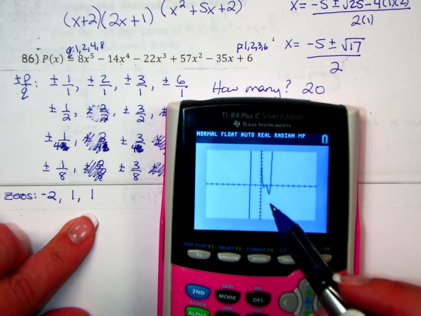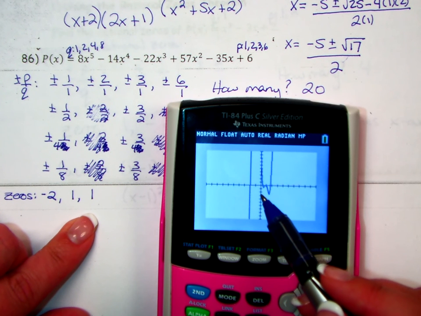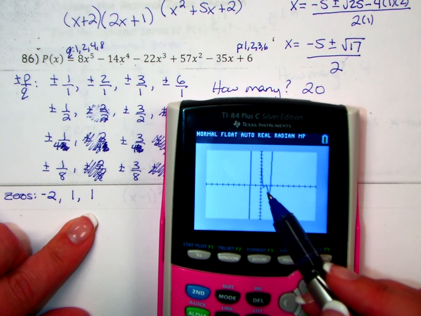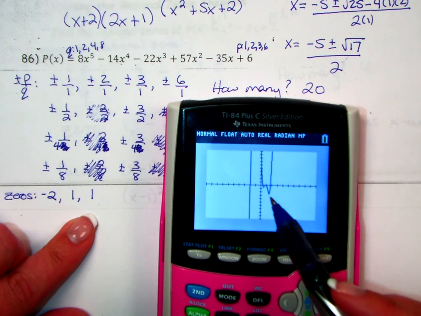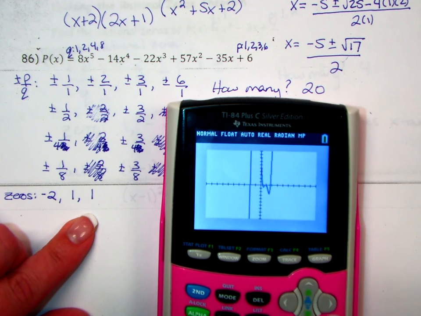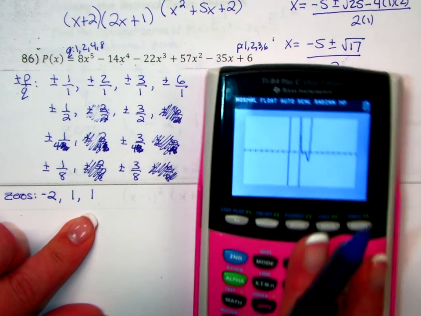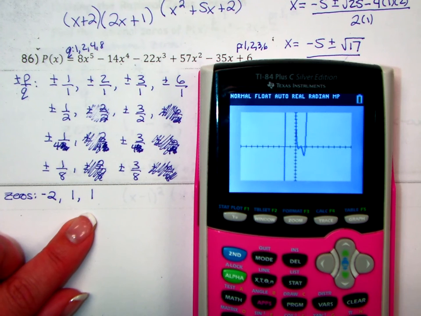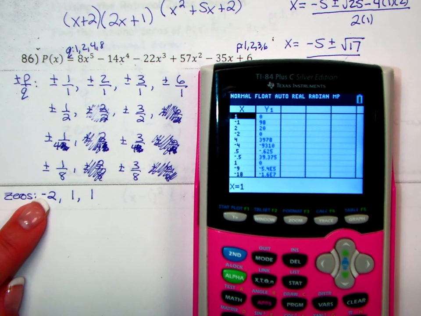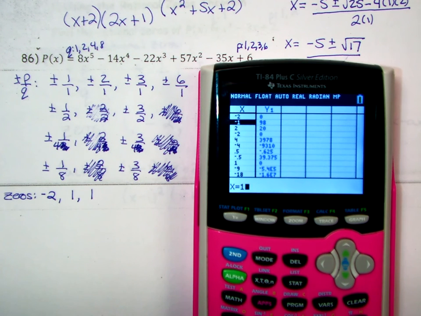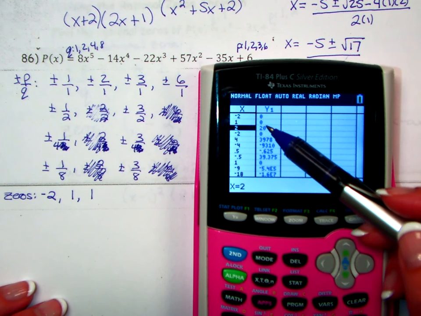Now the other 2 zeros, right? These may be fractions in this list, or they may be irrational. So to check whether they're fractions in this list, I am going to use the table. Okay, so table, I'll plug -2 in there and 1 in there, just to show that they are zeros.